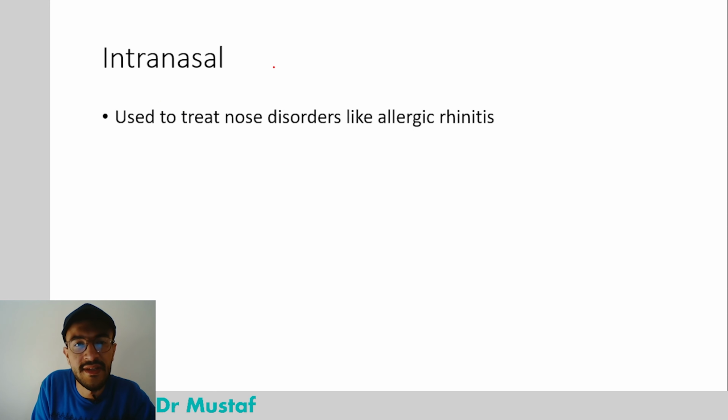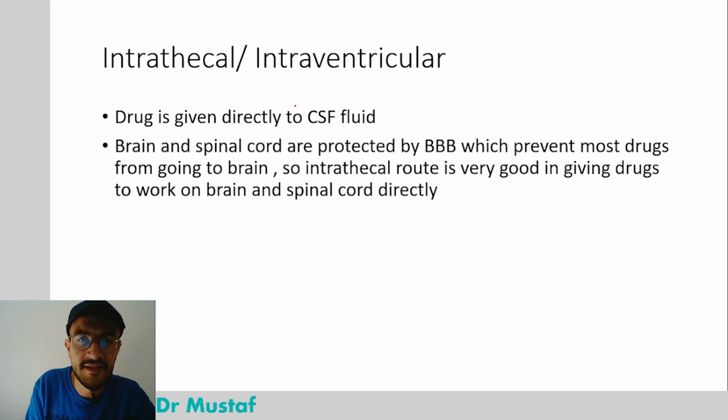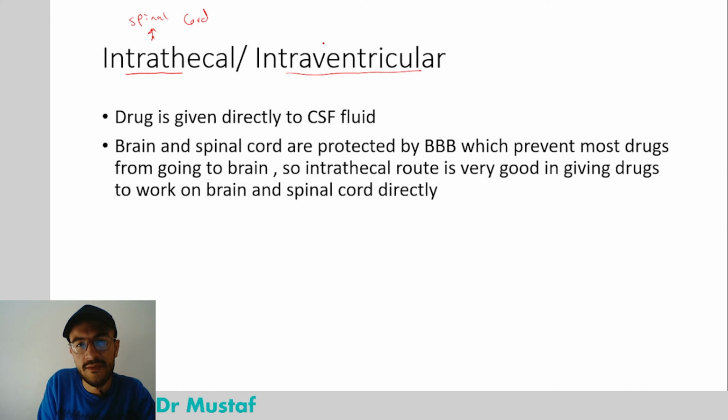It is mostly used to treat nose disorders like allergic rhinitis. Now let's talk about the intrathecal and the intraventricular routes. The intrathecal is when we give the drug into the spinal cord, and the intraventricular is when we give the drug into the brain ventricles.